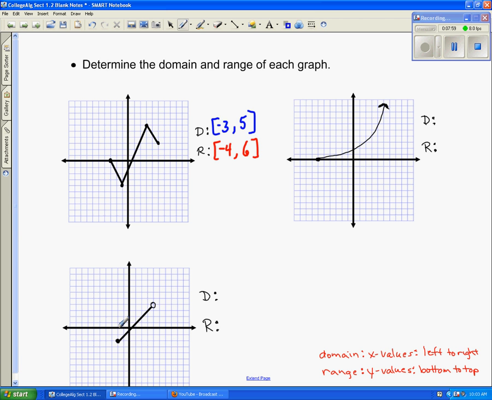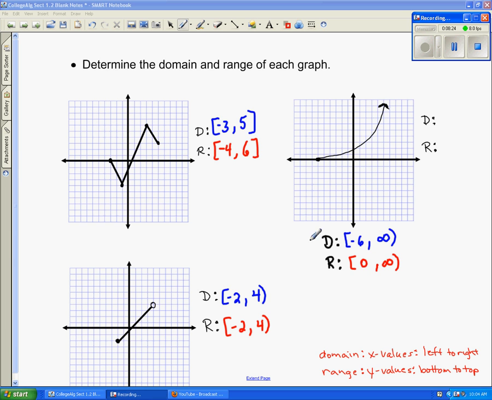This is our leftmost point, which is negative 2, and it goes to the right this point, but since that's an open circle, I have to use a parenthesis on the 4. And then my range is going to be from how far from the bottom is negative 2, how far to the top, positive 4 with the parenthesis.